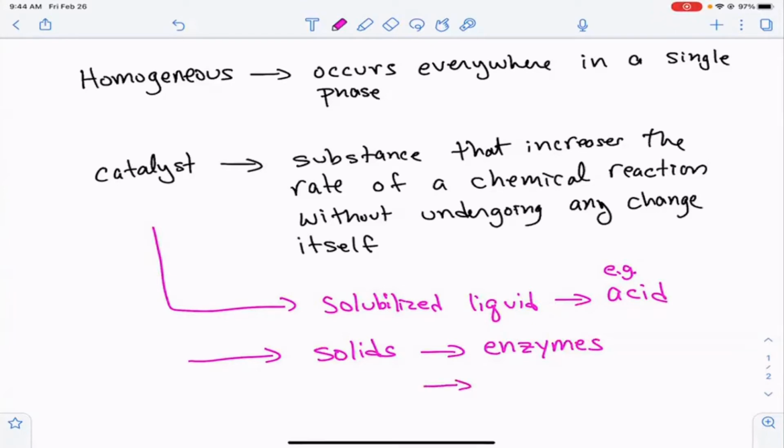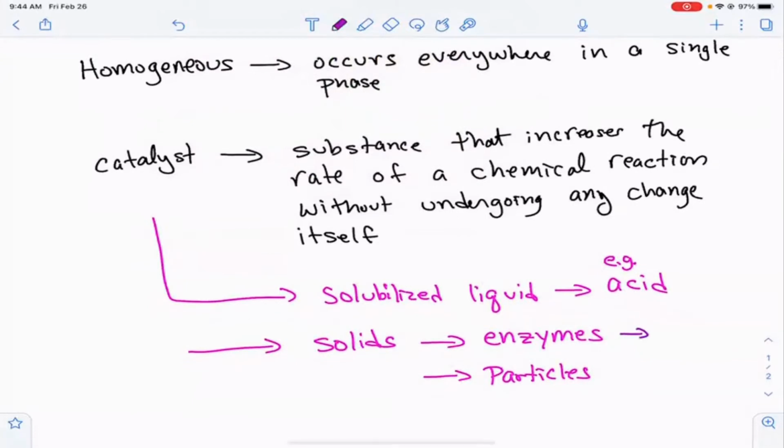Another example of a solid catalyst are particles. And oftentimes, if you want to distinguish where enzymes are active and where particles are active, enzymes are almost always active just in the liquid phase. And I don't know whether you think about it that way, but our body is basically a liquid phase.